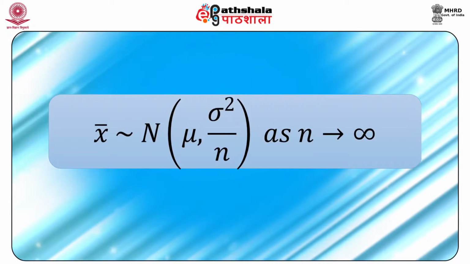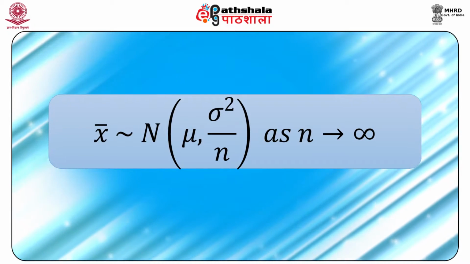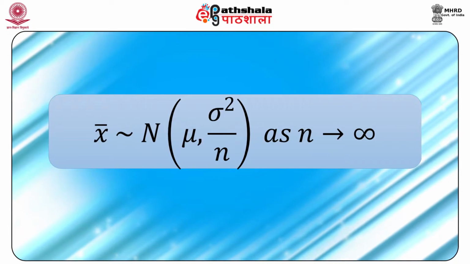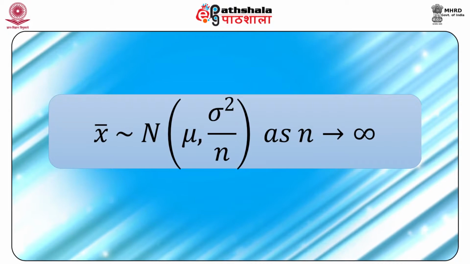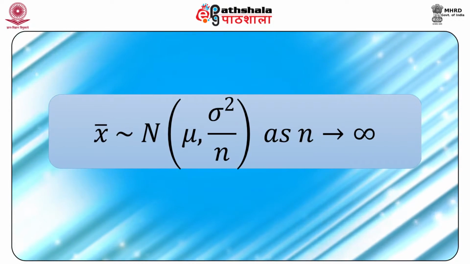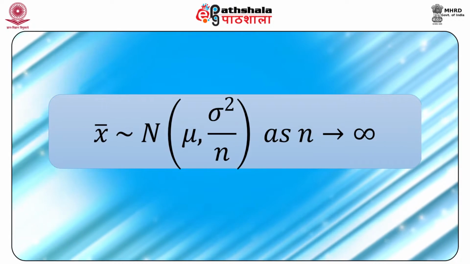Then the sample mean tends to a normal distribution with mean mu and variance sigma square as the number of observations increases to infinity. In symbols, it can be written as x bar is distributed with mean mu and variance sigma square by n, as n tends to infinity.